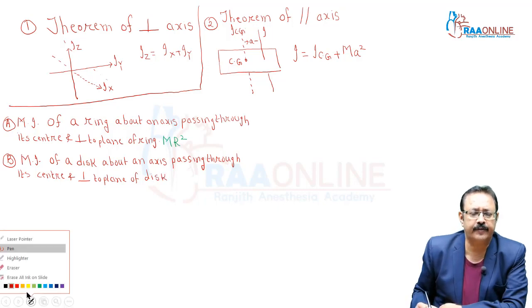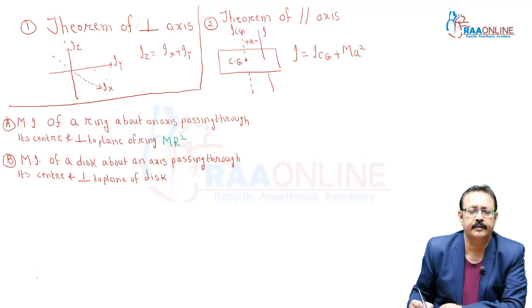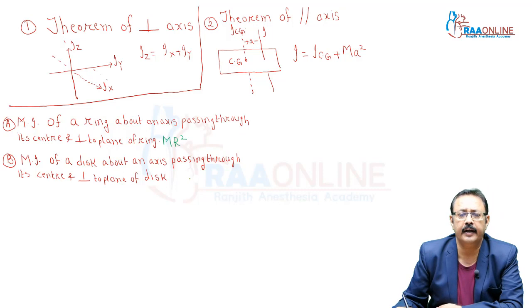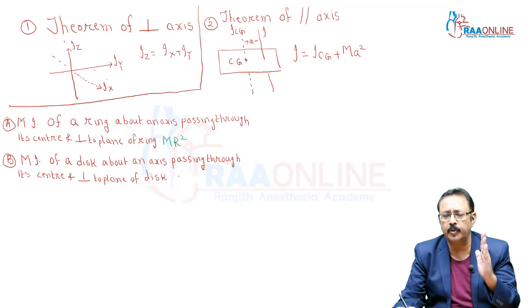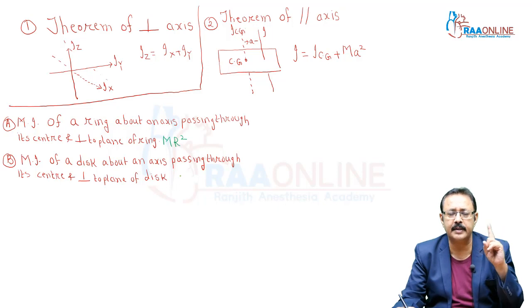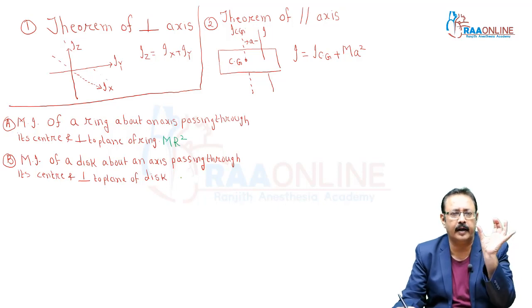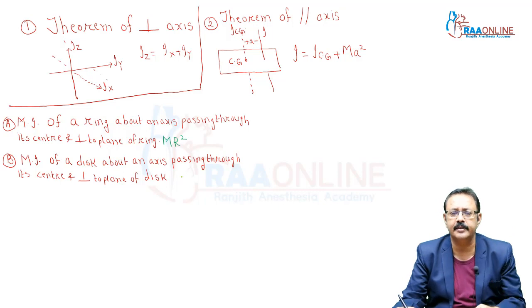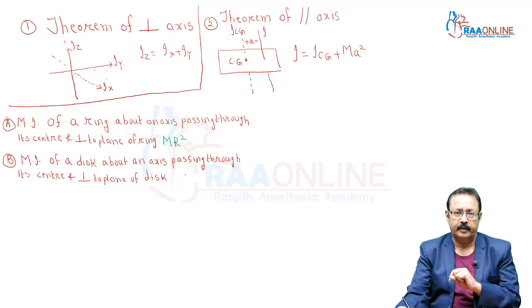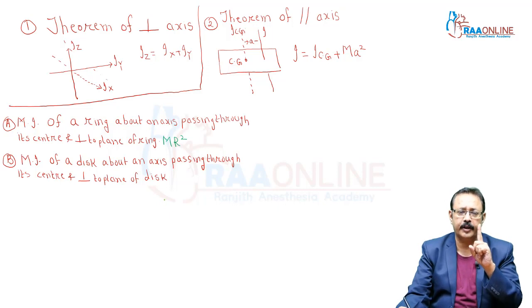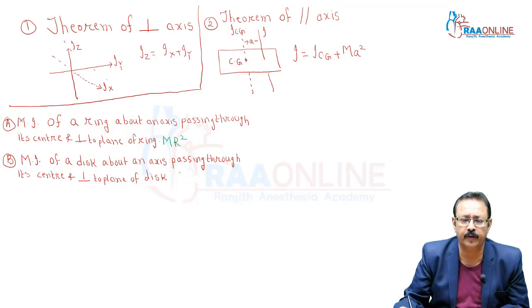See, what is the difference between a ring and a disk? In a disk, some mass is near the axis of rotation, but in a ring, the whole mass is at a big distance from the axis of rotation. All of it is at the circumference. That's why, according to the rule sigma m r square, the moment of inertia of a ring should be greater than that of a disk. So the formula for a disk is half m r square.